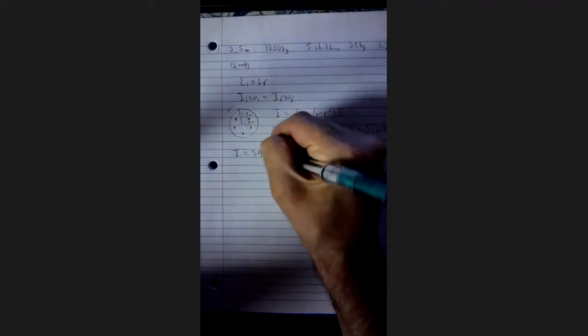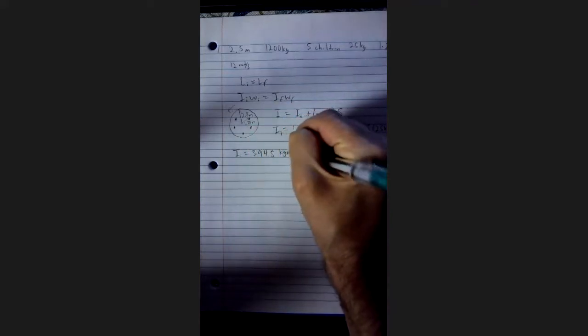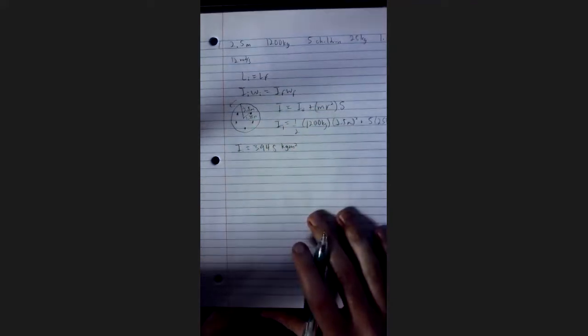So our initial moment of inertia is 3,945 kilogram meters squared.